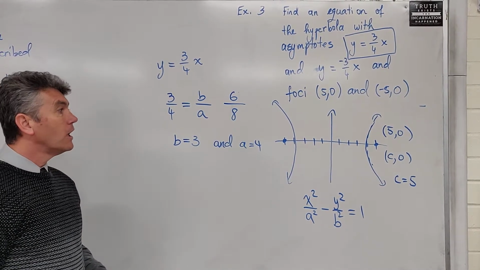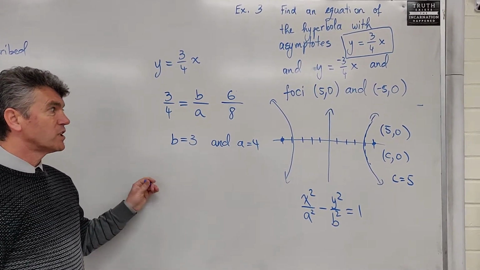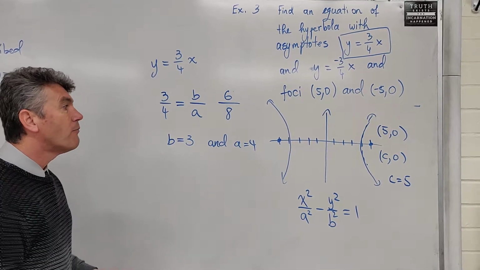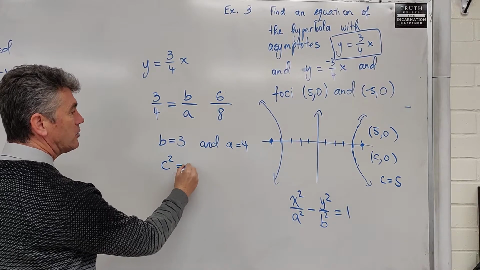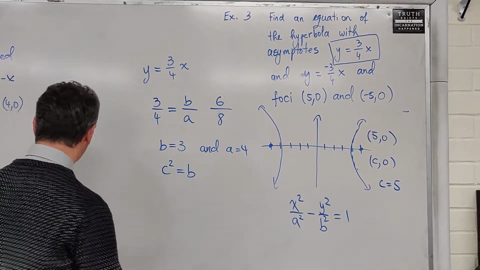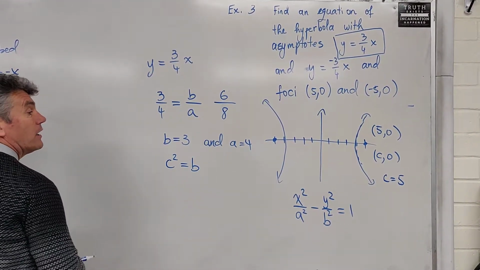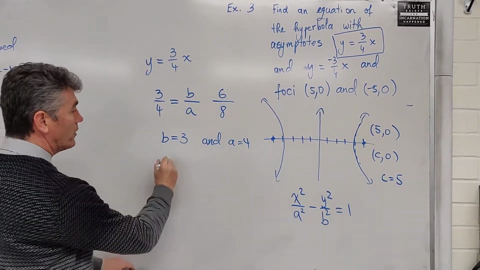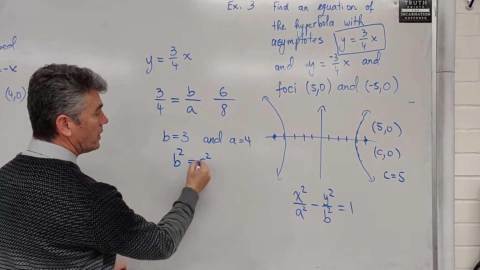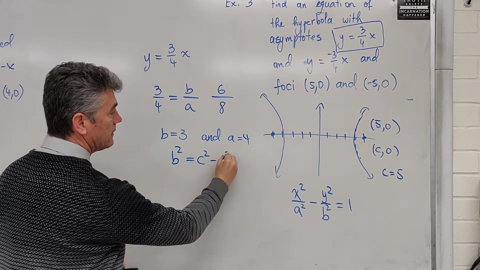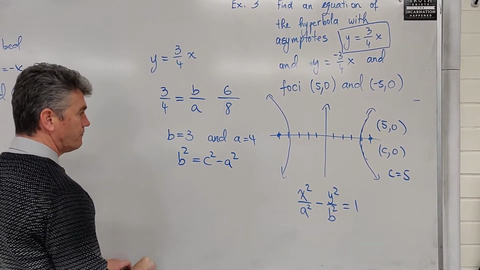So what do we do? Well, we'll see whether our assumption is correct or not by using the formula b squared is equal to c squared minus a squared.